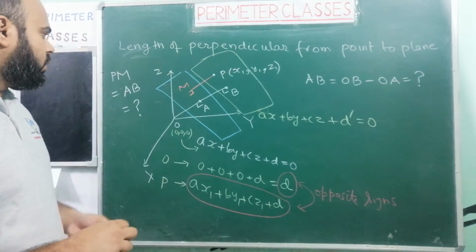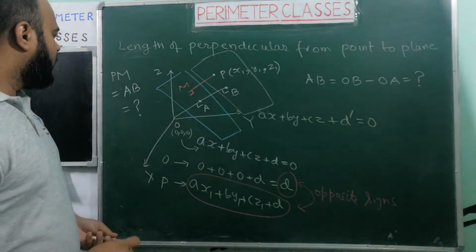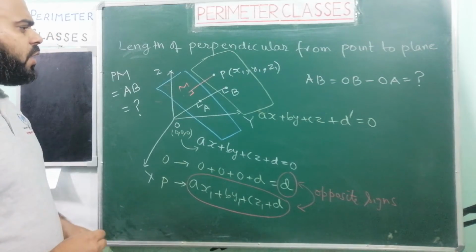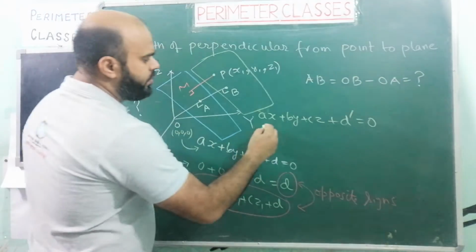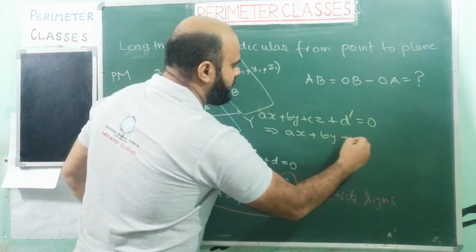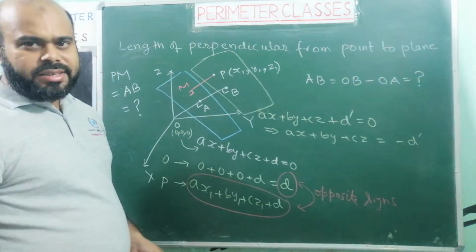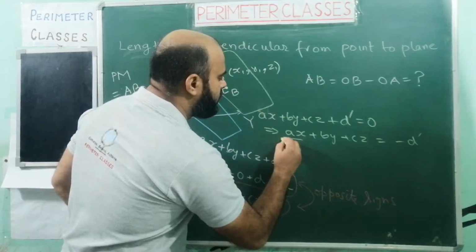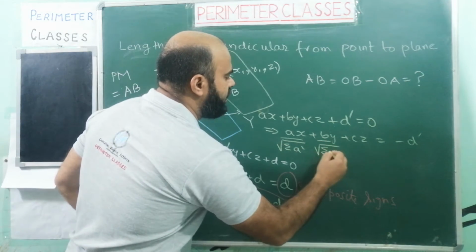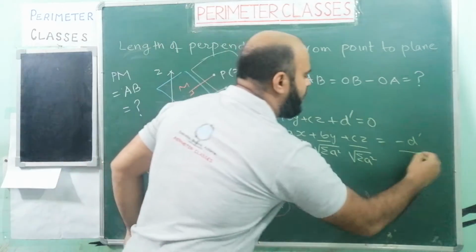Now here we have to find OB minus OA. So we'll come to that right now. Before that, if we want to rewrite this equation, it will be Ax plus By plus Cz is equal to minus D dash, and let us divide by root over sigma of A square on the left hand side and on the right hand side. Why am I doing this?